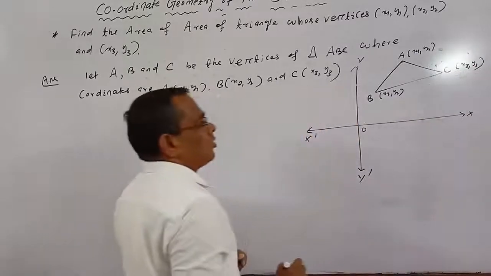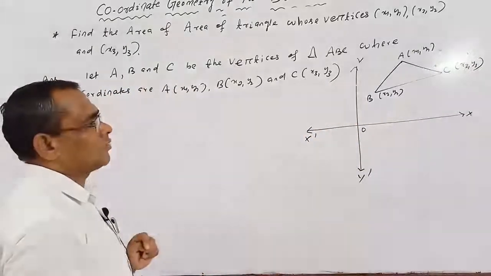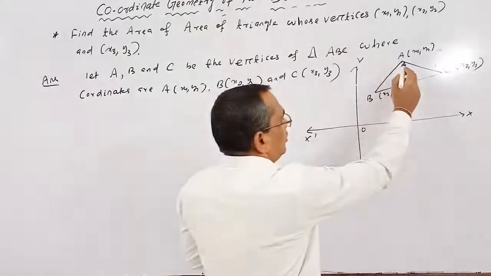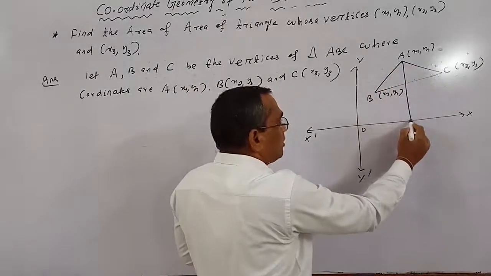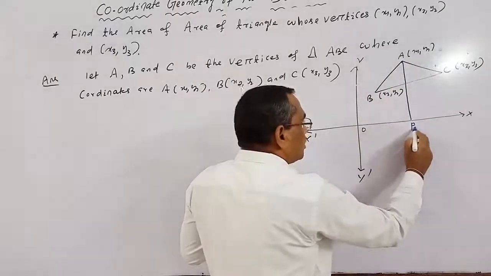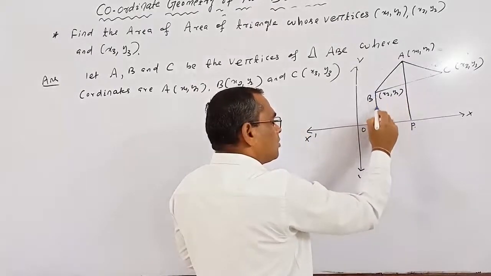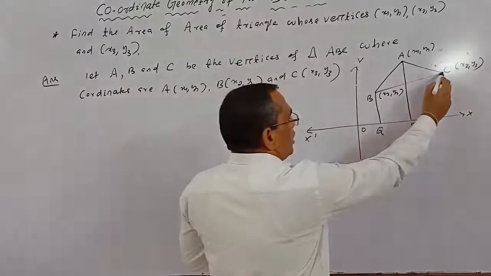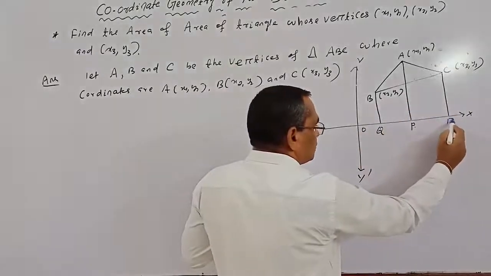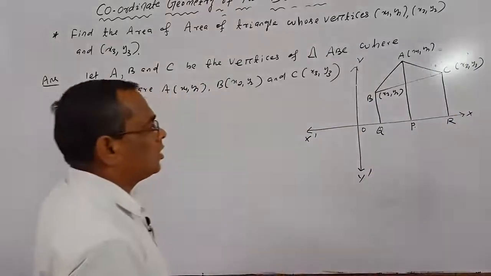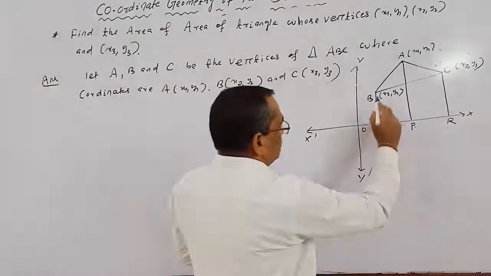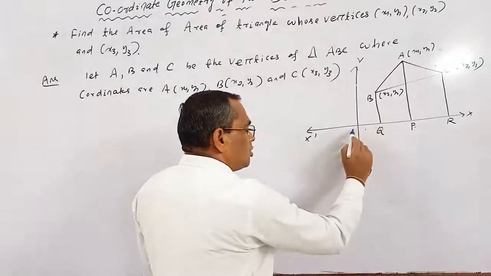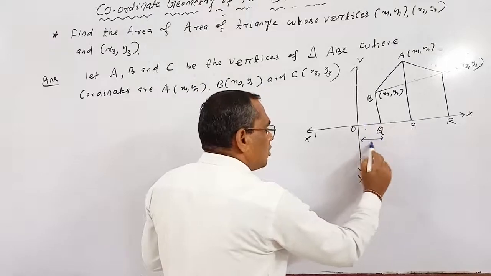To find its area, first we draw a perpendicular line from the point A on the x-axis, P, AP. Next you draw another perpendicular line from the vertex B on the x-axis, this is Q, and another perpendicular R, so P, Q, R. The coordinate of B is (x2, y2), so the distance from origin to Q is x2.